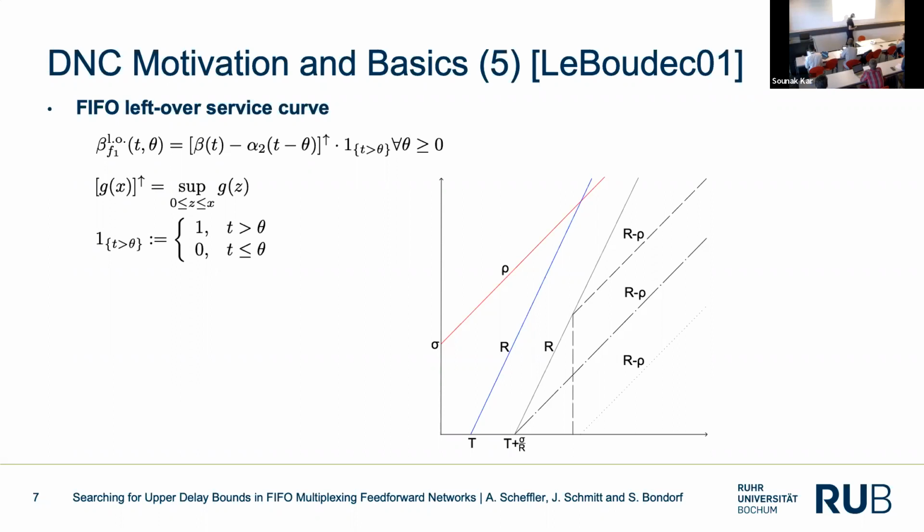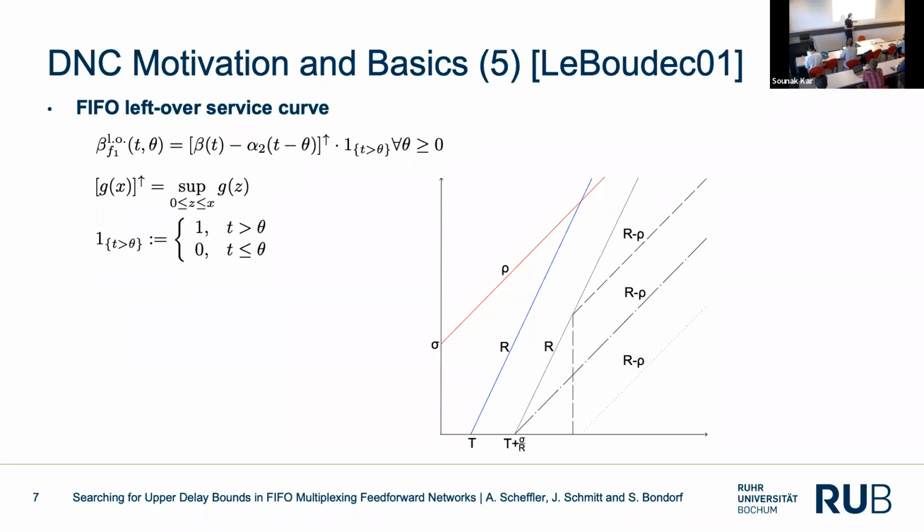Interesting is that after this point in t, due to all the theta things, the indicator function, we have these discontinuities. The start of these curves are all on this line. However, this line is not the leftover service curve, so we cannot work with that simplification.